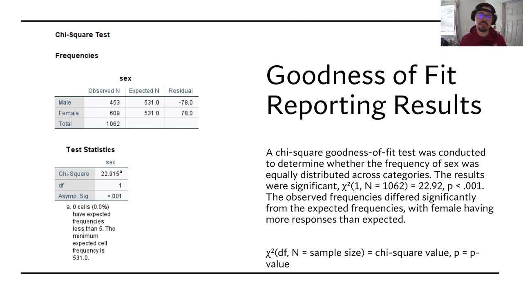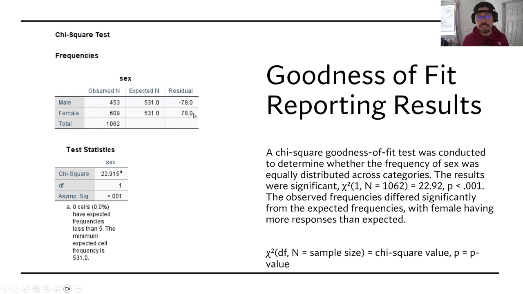And so because of the formula that we can calculate the expected frequency for the goodness of fit test, remember that we're adding our frequencies together, dividing by 2. So we expected to see 531 males. We expected to see 531 females. But notice that our observed frequencies do not reflect those expected frequencies.